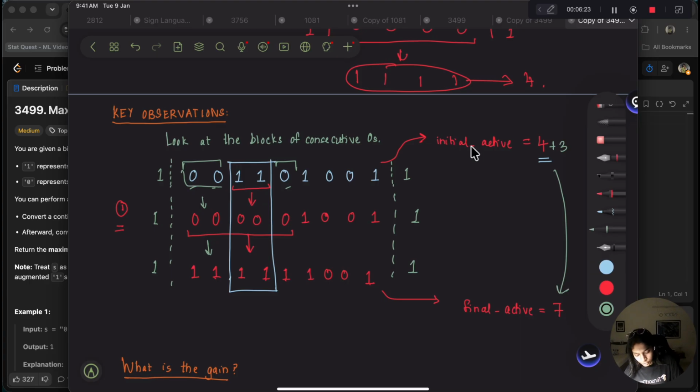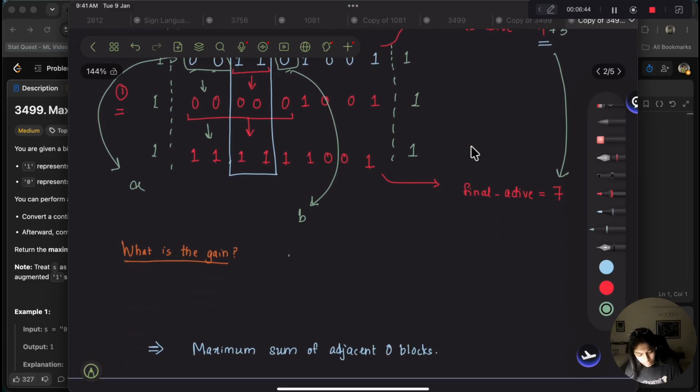So what does this mean? This part over here, let's consider this like A, and this part over here, let's consider this as B. Our total gain is actually defined by the sum of the surrounding contiguous zeros, like the length of the surrounding contiguous zeros.